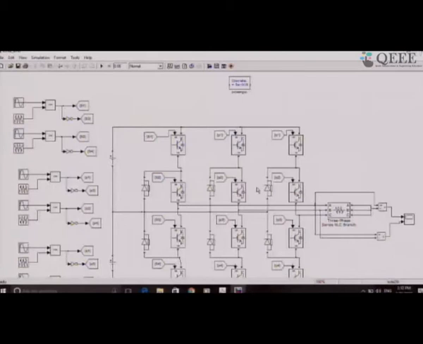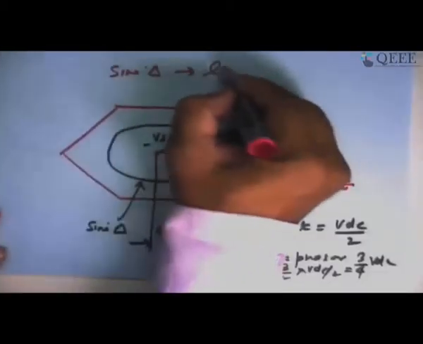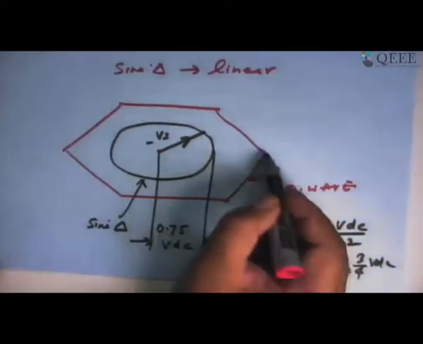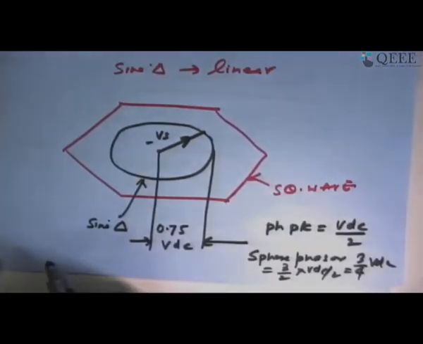Here is a very important point to note. Sine triangle is almost linear. You get perfect sine waves because the trajectory of Vs is a circle. But if you see the trajectory of square wave mode, it is not circular.